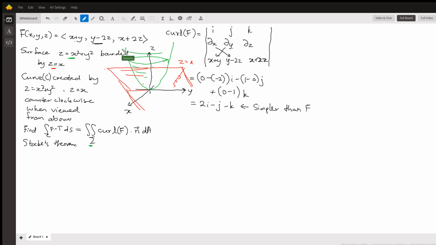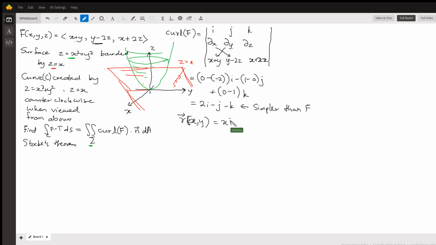Looking at this, let me write it in this form. The parameterization would be given like, I'll just write it in xy form.